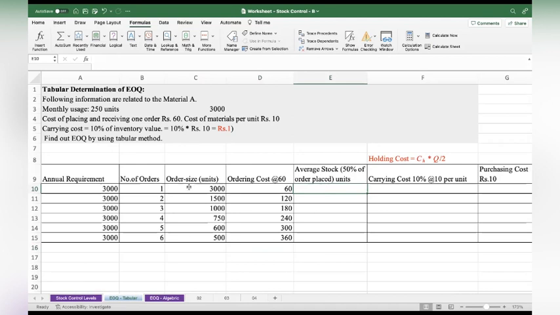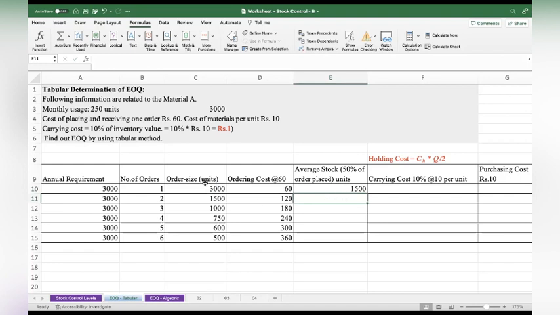Now we are ordering this amount of units, so 50% of these ordered units will be the average number of units. So first scenario, we are ordering 3000. 50% of that, how much? 50% will give you 1500.